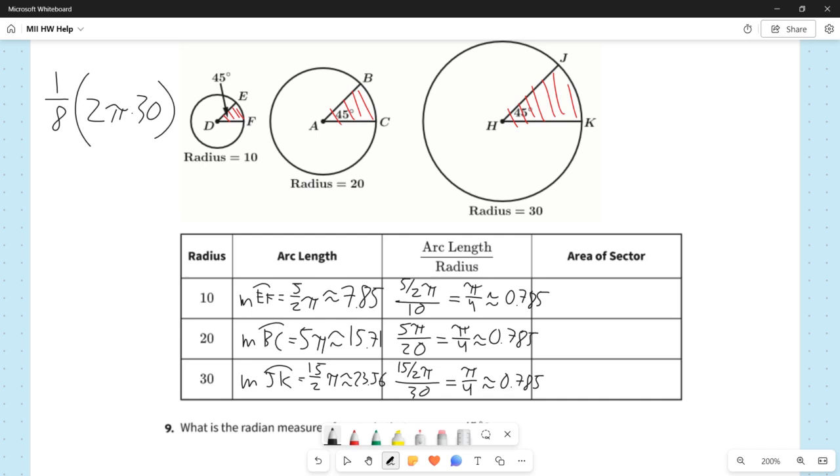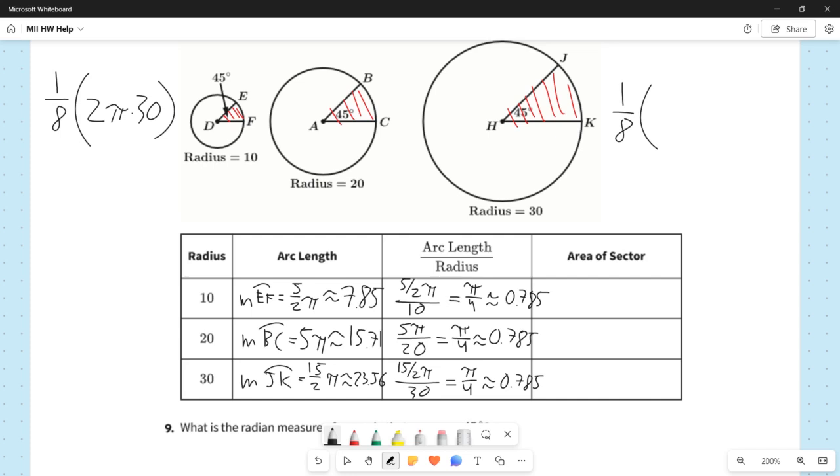So in order to find the area of a sector, we need to take some ratio of our total area of the circle. We've now definitely established that 45 over 360 is 1/8. So what we want here is 1/8 of our total area.